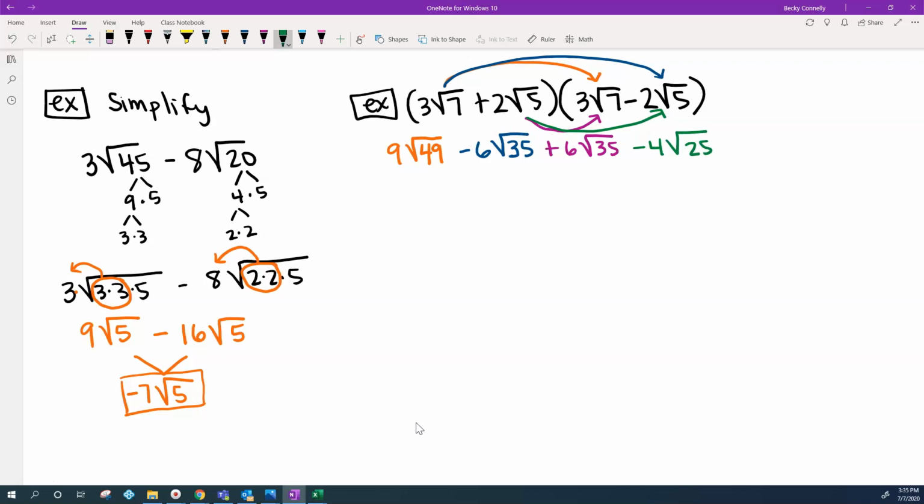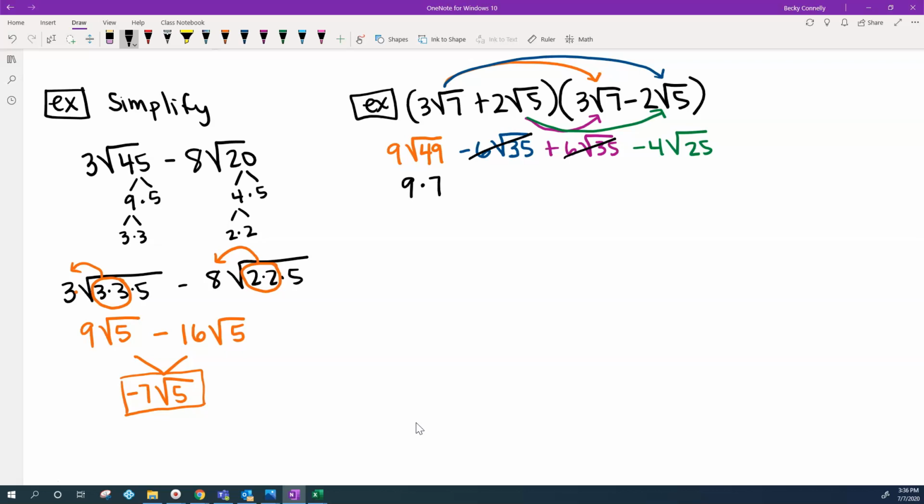Okay, and now I'm going to simplify here some more so I can see what I have. Well, notice that those two middle terms are just going to cancel each other out. We've got 6 square roots of 35 and negative 6, so those guys just cancel out, and those are gone. On this first term, I've got 9 times the square root of 49, which is 7.